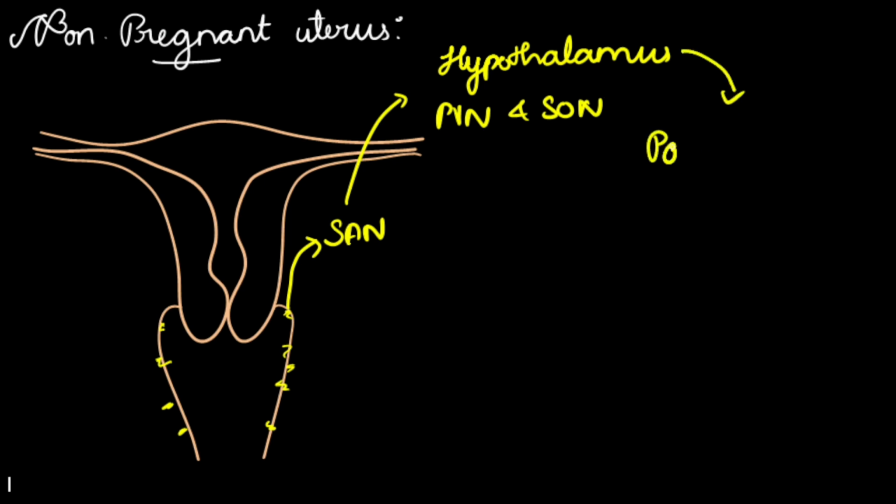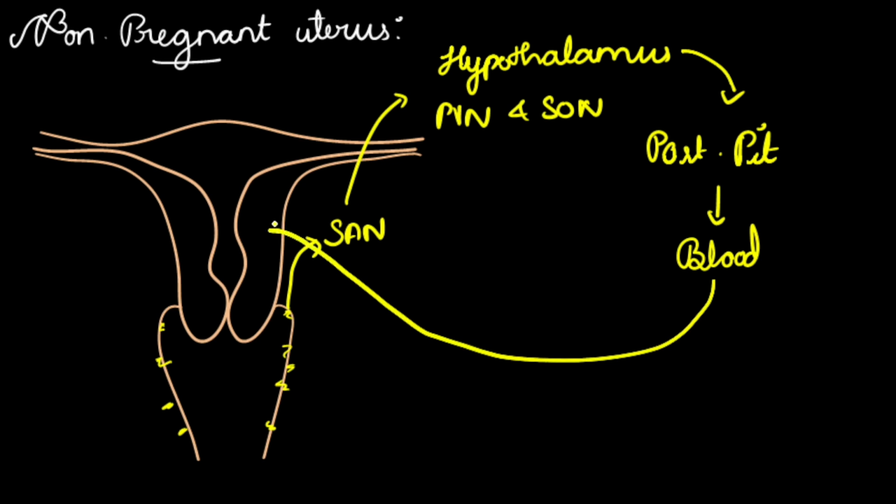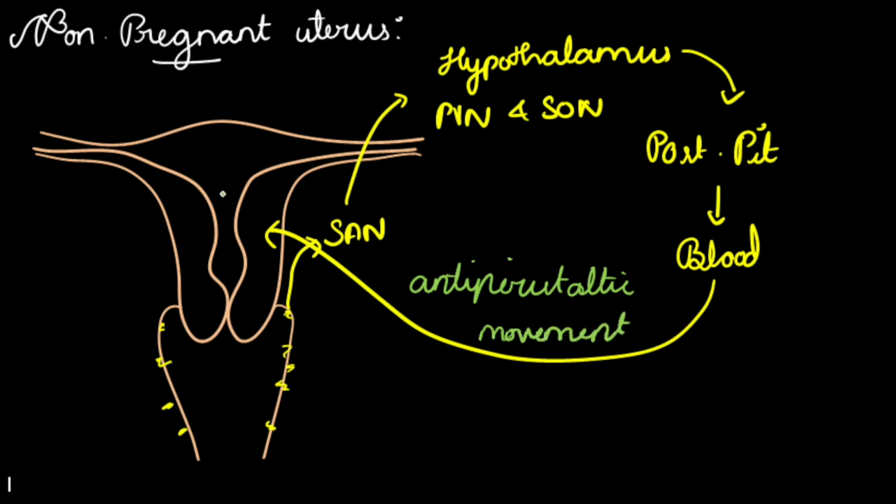As usual it reaches the posterior pituitary and is released into the blood. From the blood it reaches the uterus, where it creates a special type of movement, anti-peristaltic movement, against gravity, so that the sperm released inside the vagina are moved anti-peristaltically towards the fallopian tube. This helps in the process of fertilization, and this is how oxytocin contributes to reproduction.